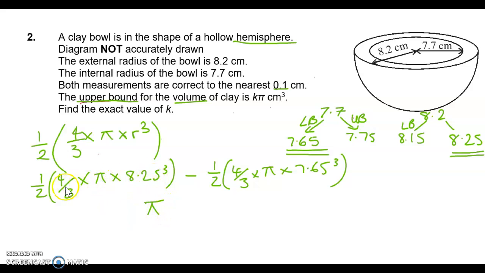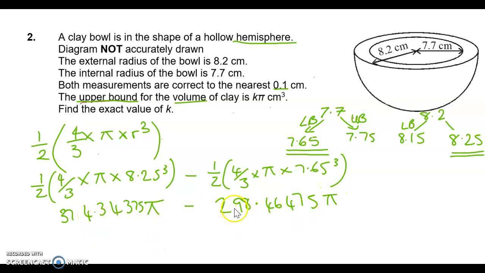On the calculator, I'm just going to multiply all the numbers together and leave it with pi at the end. I do a half times 4/3 times 8.25 cubed, which gives you 374.34375, and then obviously pi is at the end. Then I'm going to take away the other one, same thing, half times 4/3 times 7.65 cubed, which leaves you with 298.46475 pi.